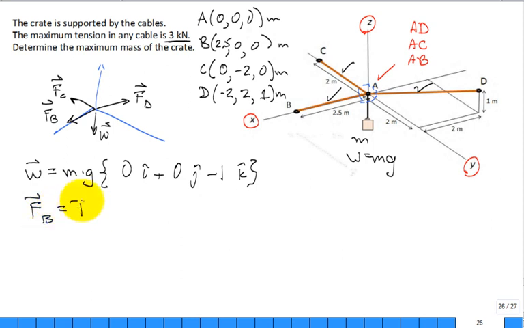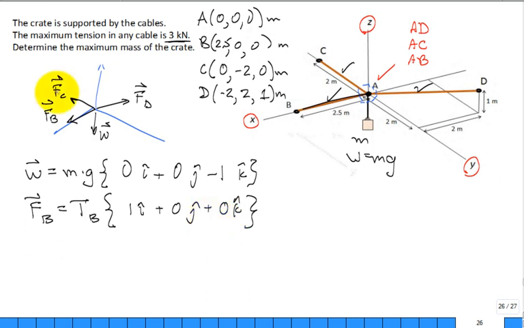Well, it'll be the tension in the cable going between A and B. Maybe we just call that the tension in cable B. But then I multiply it by what? A unit vector, and the unit vector gives me the right direction. So what would be the unit vector going from A to B? It would be 1 I, 0 J, 0 K.